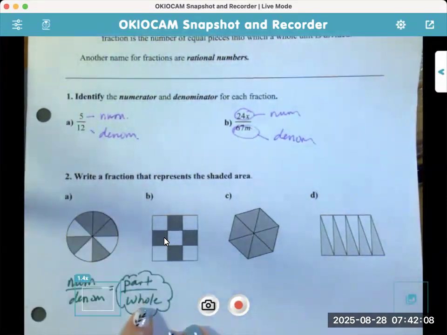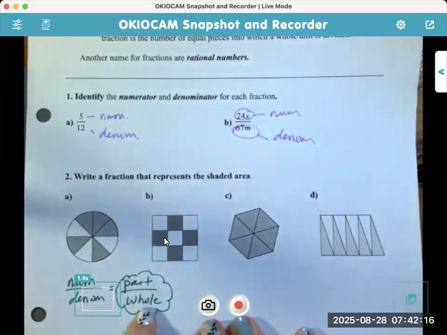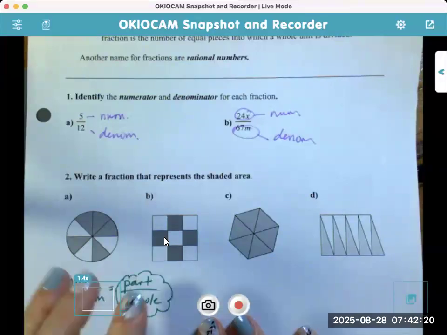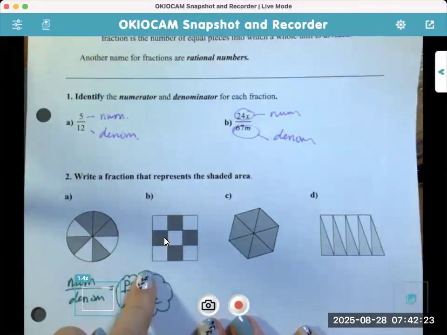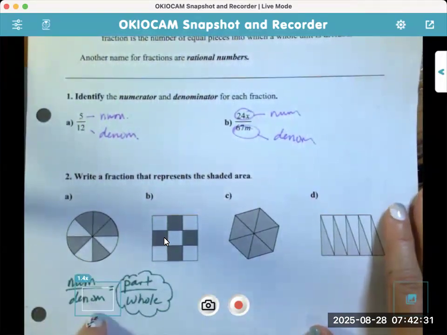That will take you like 60% of the way through 1316, your contemporary math. Part over a whole is going to be in your probability, a little bit of your statistics. I mean, it's just going to be in basically everything. Part over a whole, numerator, denominator.